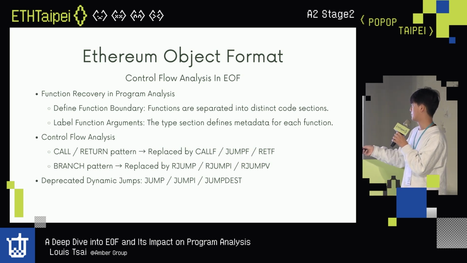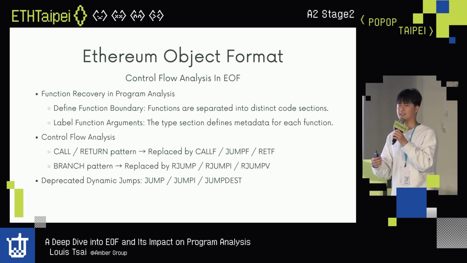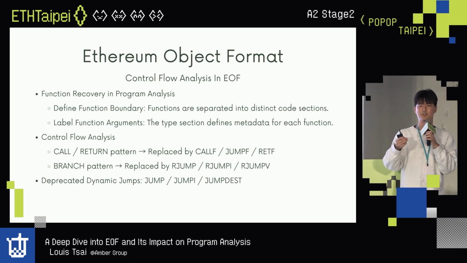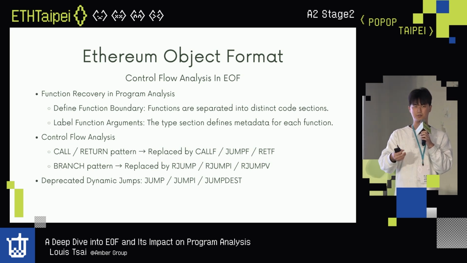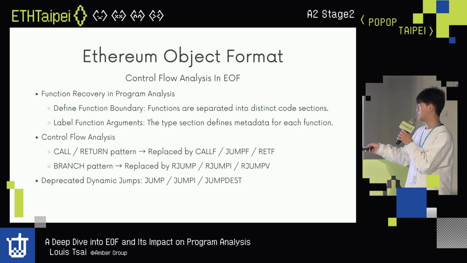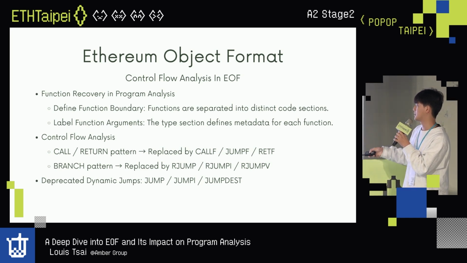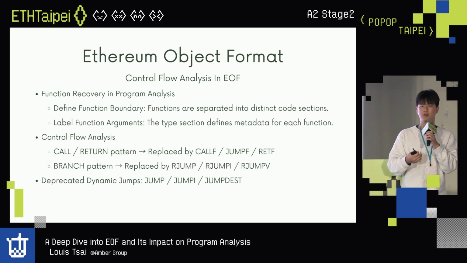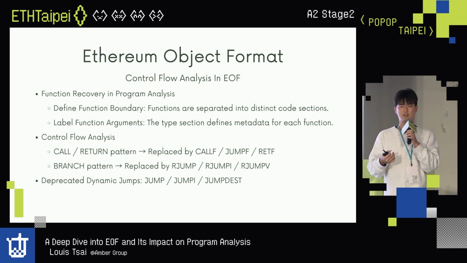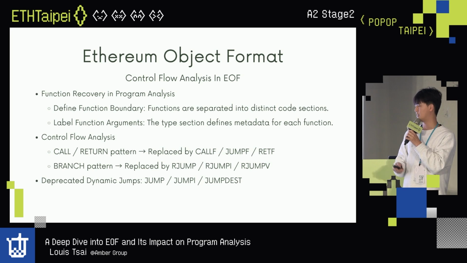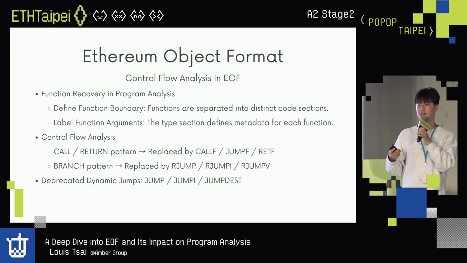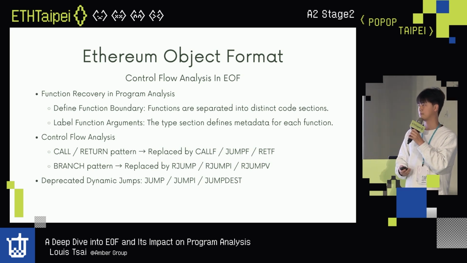So it will be easier for static analyzers to extract the value from the bytecode. And it would help us combine these together. It will help us reconstruct a more concise control flow graph, and the process will be simplified significantly.